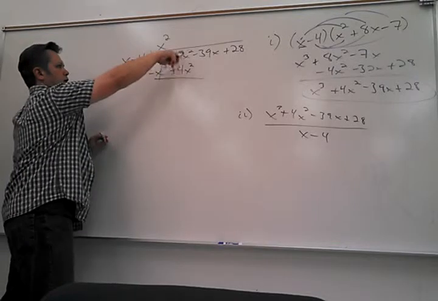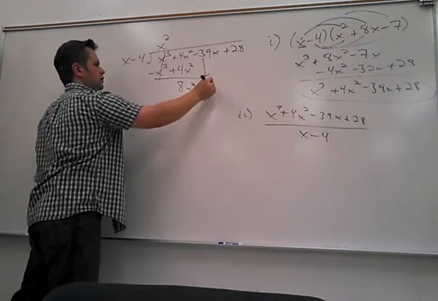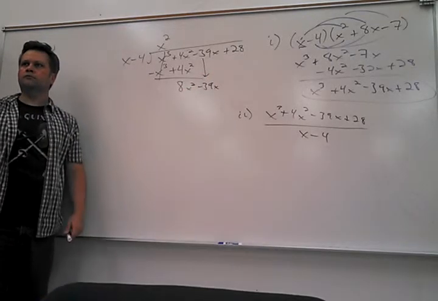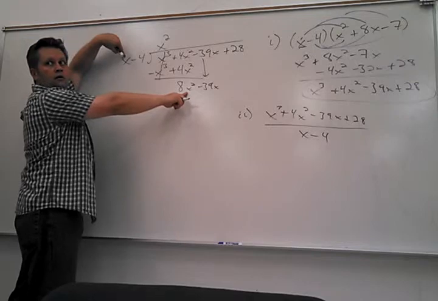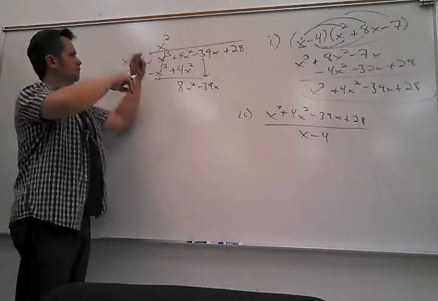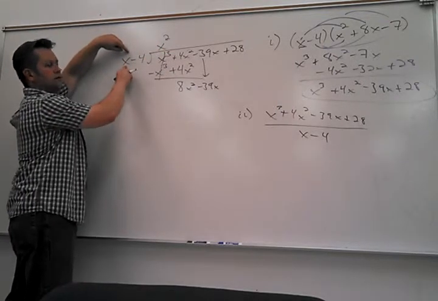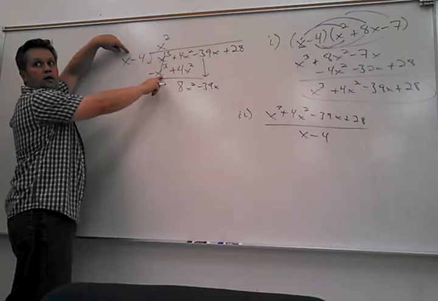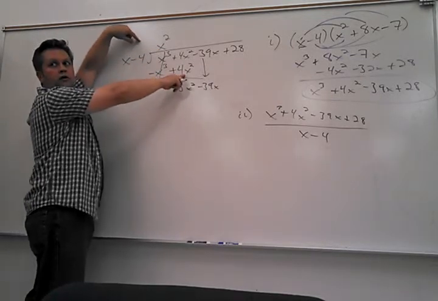Those go away. Here I get 8x squared. Bring down the next guy, just like we would in normal long division. x goes into 8x squared plus 8x times. Yes, sir. How did you get from x squared to the next step? x squared times x is x cubed. x squared times negative 4 is negative 4x squared.